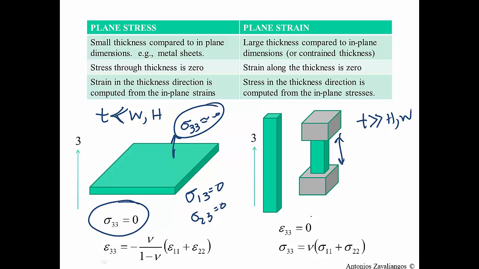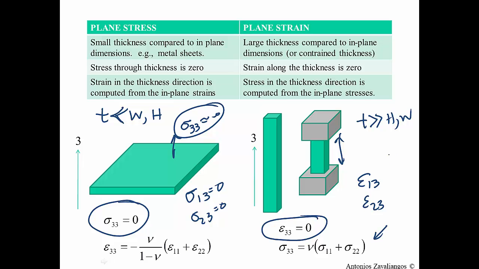So in this case, the strain in that direction is 0, and every strain that includes that direction. And the stress is not 0, and for elastic materials, these are the corresponding estimates. So these two extremes, plane stress and plane strain, correspond to situations where the stress in that direction is 0, or in the other case, the strain is 0.